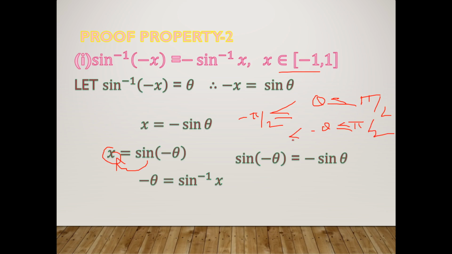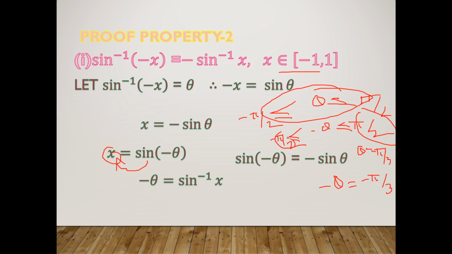You can take an example. If theta is equal to pi by 3, it lies in this interval, and minus theta, minus pi by 3, also lies in this interval, since minus pi by 3 is less than pi by 2 and greater than minus pi by 2.